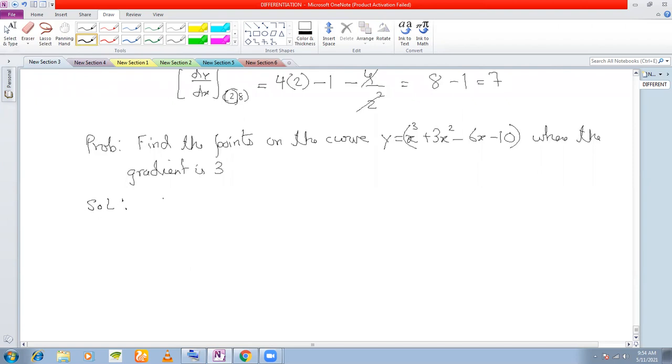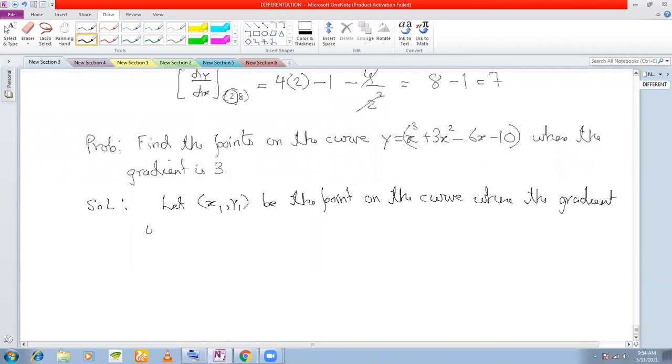So what I do is I say let x1 y1 be the point on the curve where the gradient is 3. Okay.